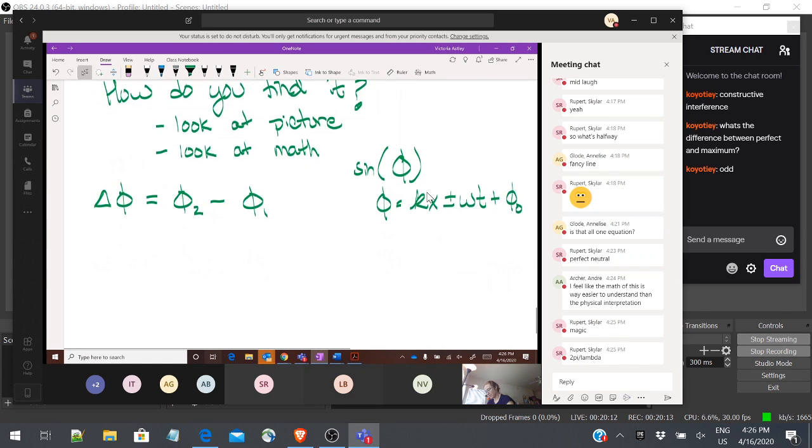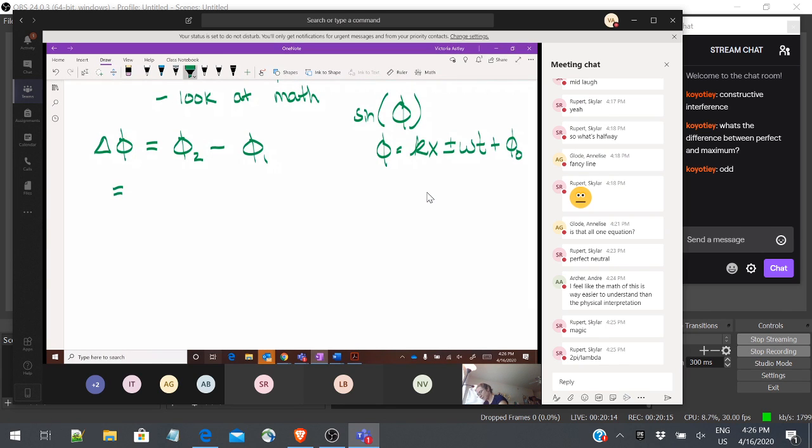So to get delta phi, it would be k2 x2 plus or minus omega 2 t2 plus phi naught 2 minus k1 x1 plus or minus omega 1 t1 plus phi naught 1. Okay, so this is the phase for wave 2 and the phase for wave 1, and I'm subtracting them.